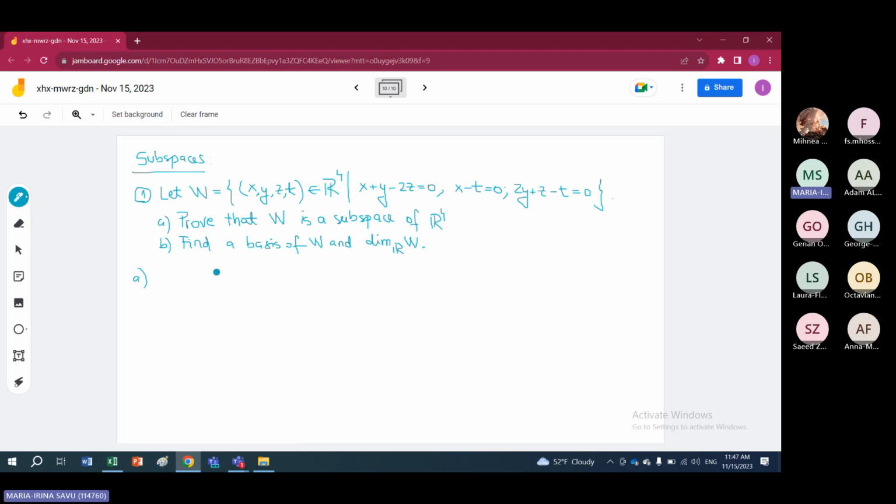Well, you have here two methods. Method 1, based on the definition.